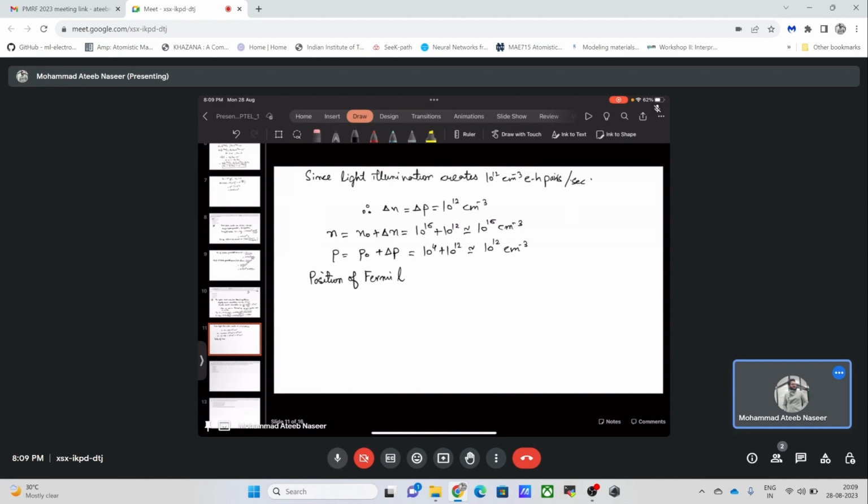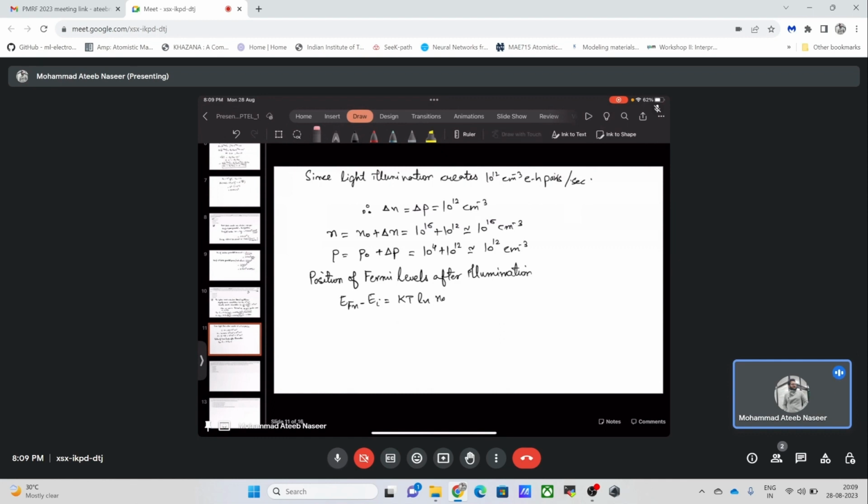Now the position of the Fermi levels after illumination is simply EFN minus EI equals KT ln of n by ni.